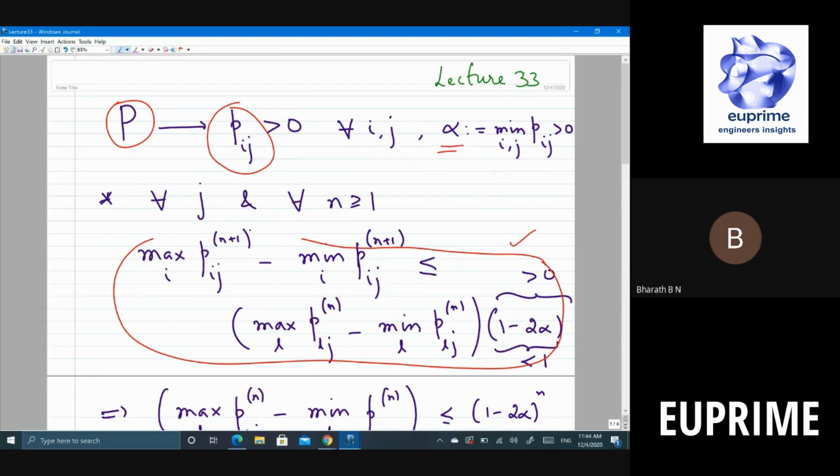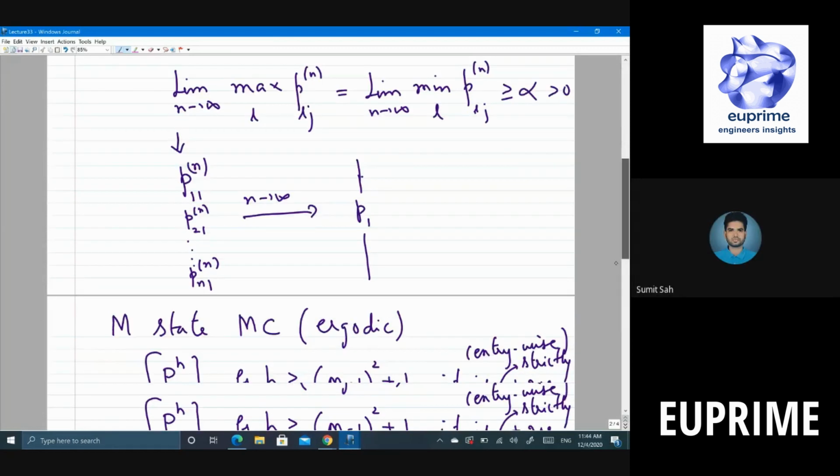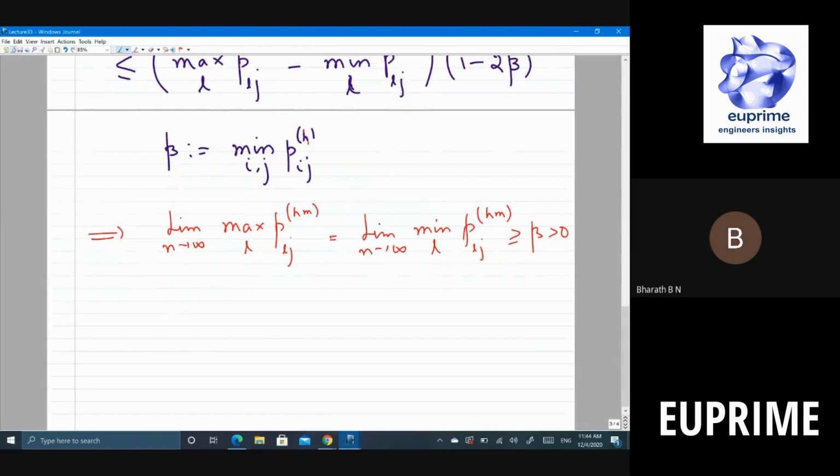Now, instead of the P matrix, I'll take the P power h matrix. You know that the entries are strictly positive, and I'm going to apply this result with steps being hm and hm plus 1, instead of n and n plus 1. So think of h steps as one step. That's how you should think of this result. Is that fine? Yes, sir.